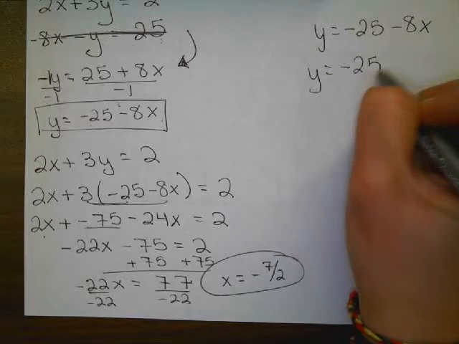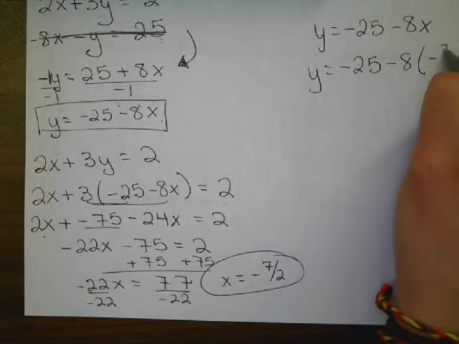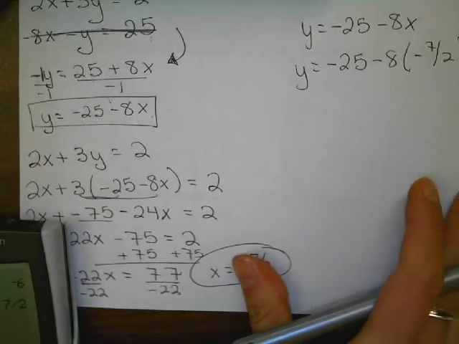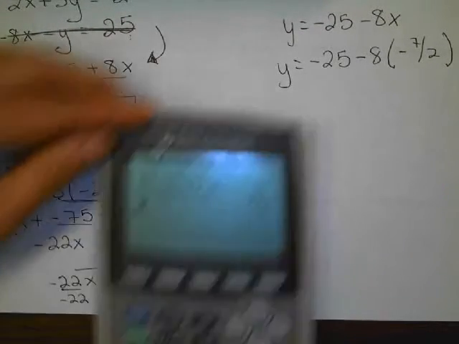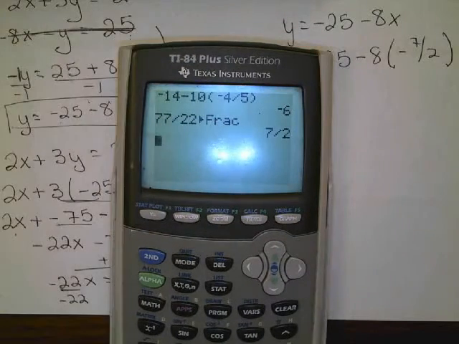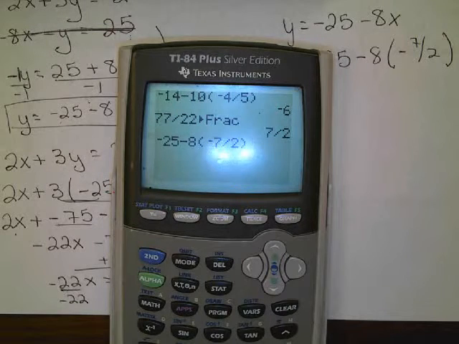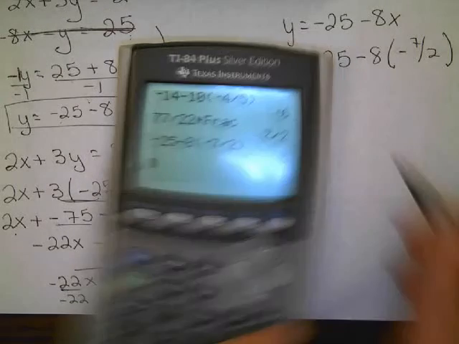So y equals negative 25 minus 8 times negative 7/2. If we go to our calculator, I can punch in negative 25 minus 8 times negative 7/2, just like it says on my paper, and I get 3.